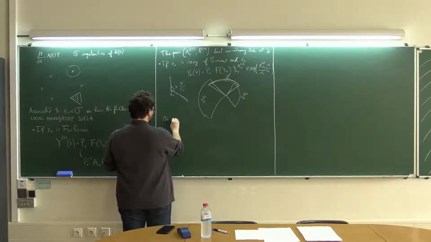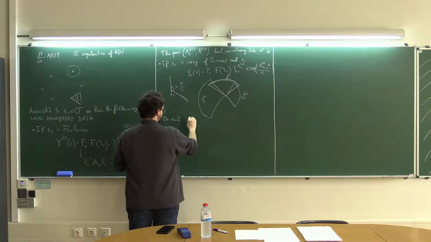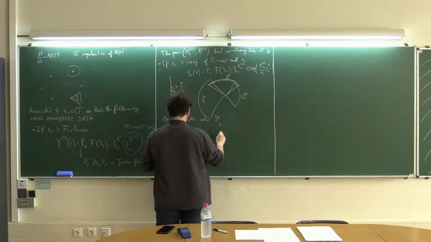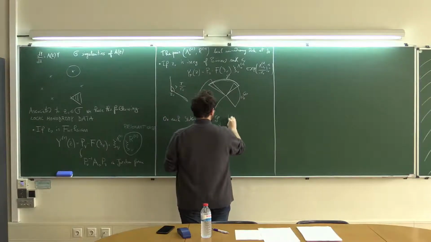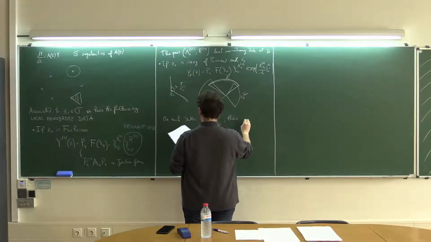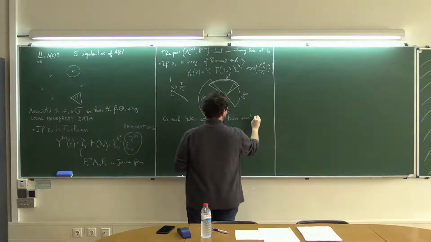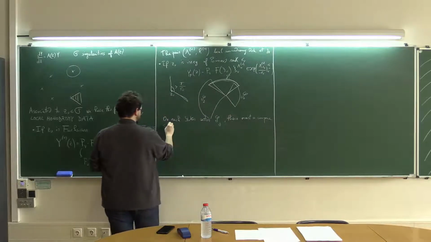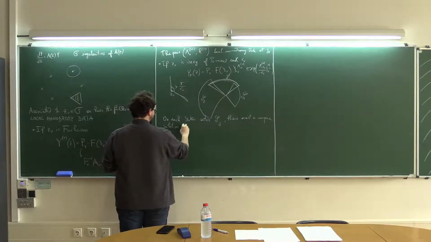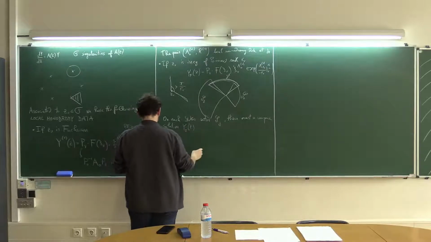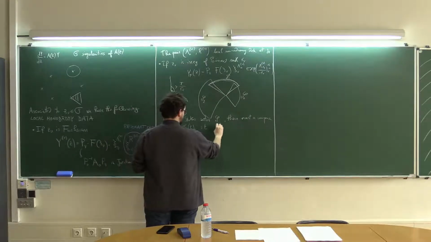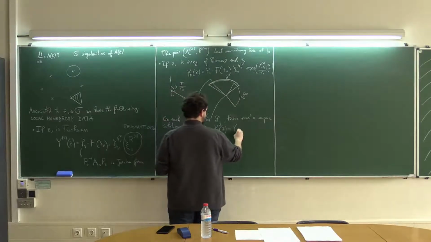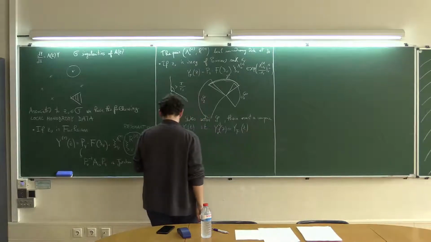So on each Stokes sector S_j, there exists a unique solution y_j(z) such that y_j(z) has the formal solution as its asymptotics.